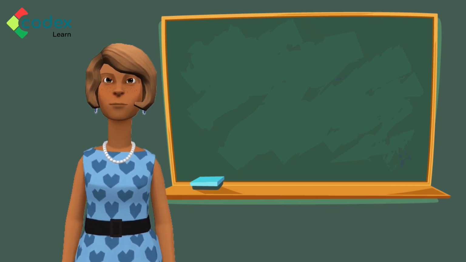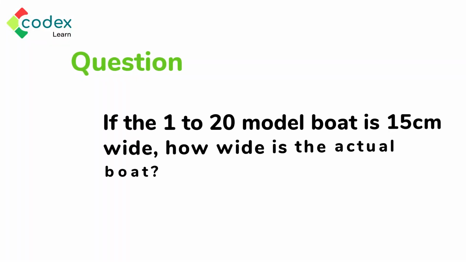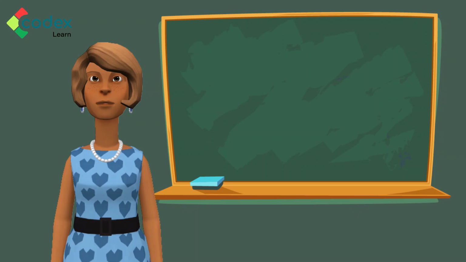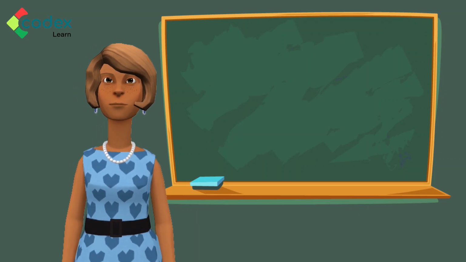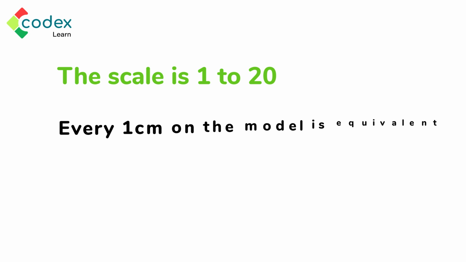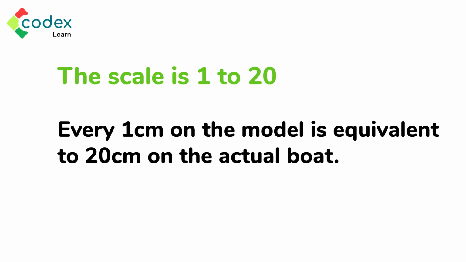Let's think about this example further. So here is a question for you. If the 1 to 20 model boat is 50 centimeter wide, how wide is the actual boat? Now, here is the answer. The scale is 1 to 20. This means that every 1 centimeter on the model is equivalent to 20 centimeter on the actual boat.